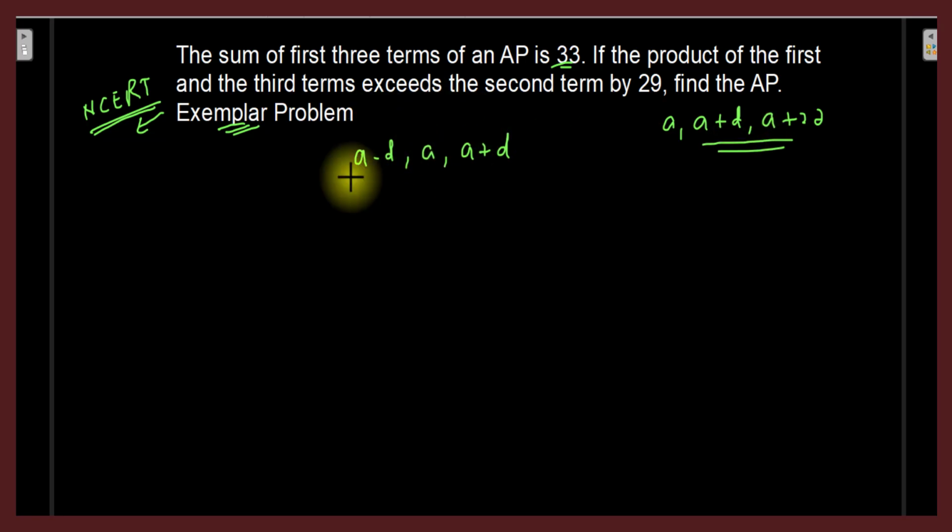So it is always easier to assume it like this and solve it. Whenever you have to assume the first three terms of an AP, assume A minus D, A and A plus D.